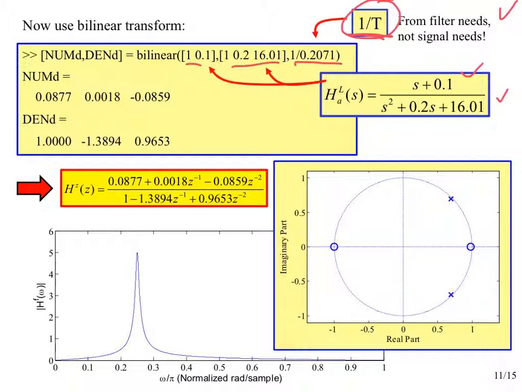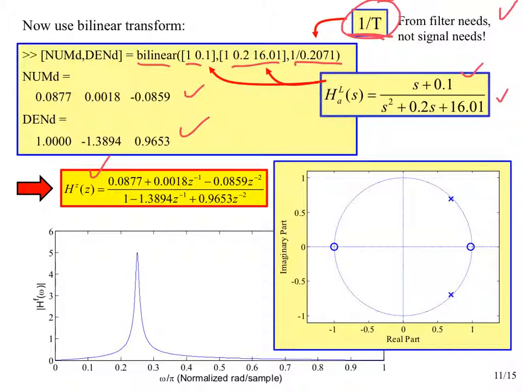So it's like saying we're mapping two different frequency ranges into the same discrete time world. You could think about it as shrinking something down and expanding something up, and they both end up being consistent with each other. That's what we're doing here. Anyway, we run the bilinear transform, and it spits out two different 3 coefficient vectors, numerator and denominator.